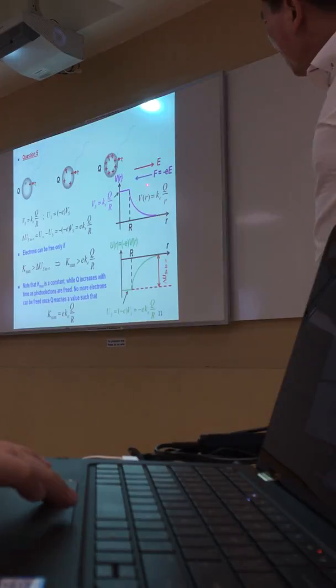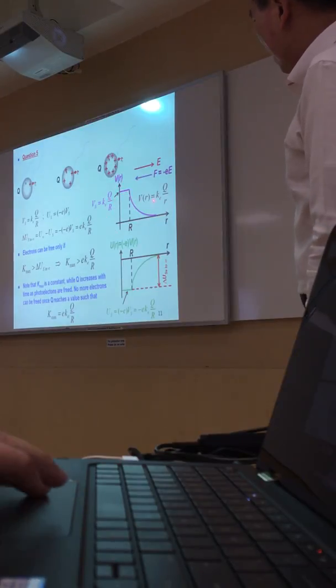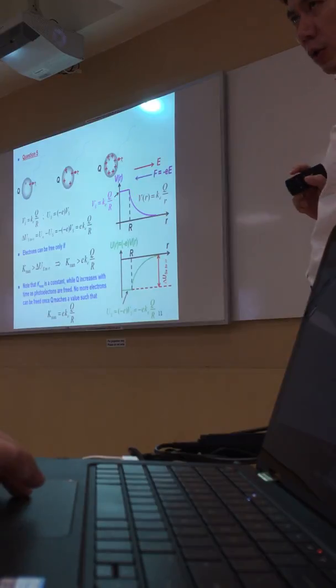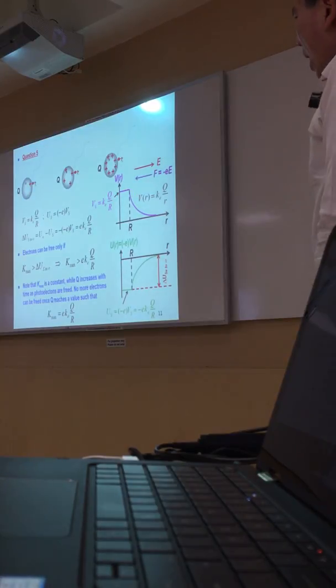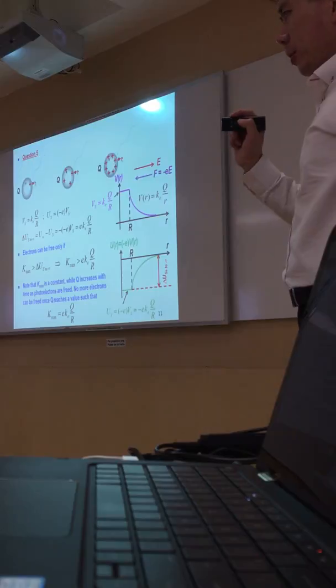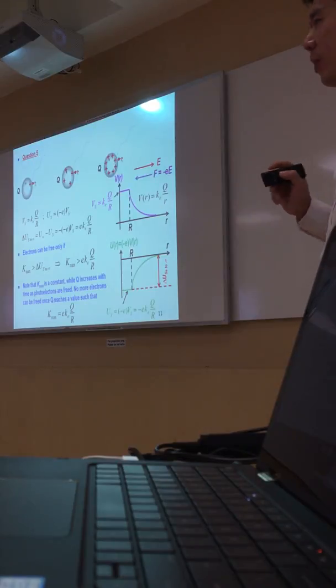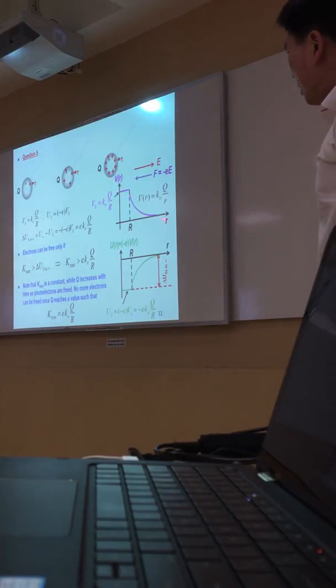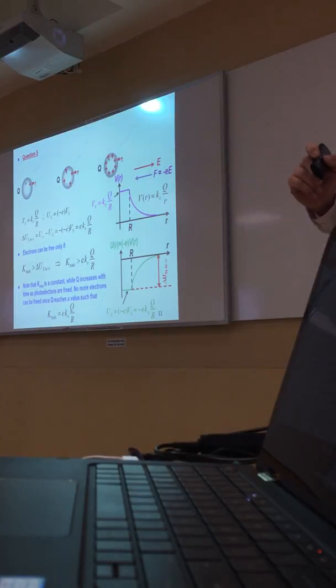So what we have obtained here is the potential of a sphere when it contains a charge Q. Now, how about the potential energy of an electron? If you are given the potential in a space, are you able to find the potential energy of an electron or any charge? Yes, because potential energy is just the charge times the potential, isn't it?